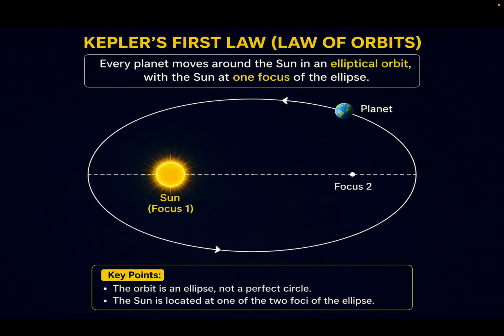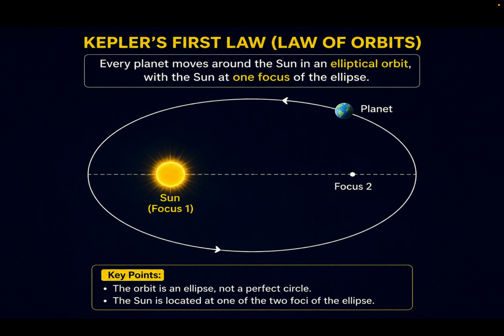So the distance between sun and earth is not always the same in the complete orbit. Sometimes the earth moves very close to the sun and sometimes very far from the sun, as the orbit is elliptical and the sun is at one focal point.